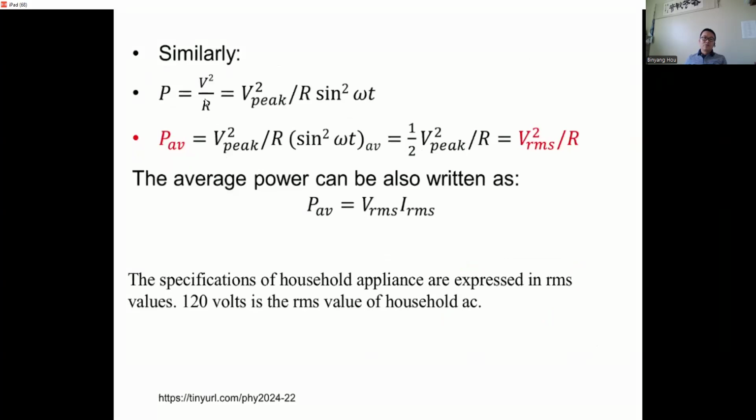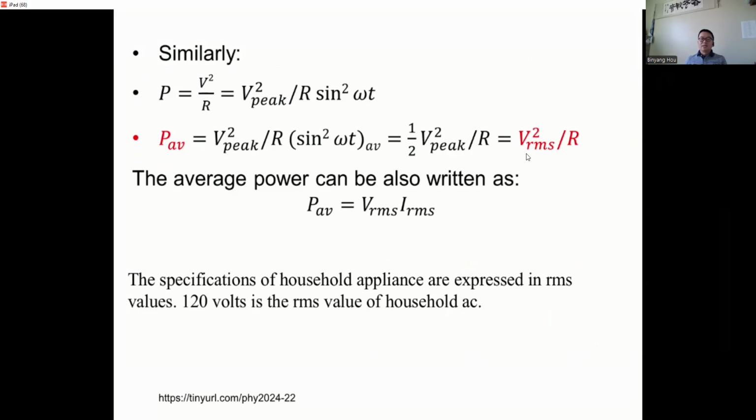If you do V squared over R, it's V peak sine squared over R. V peak squared over R is constant, but the average of sine squared omega t gives you 1/2. Then 1/2 of peak squared is the root mean square of the voltage squared over R. So again, the same.